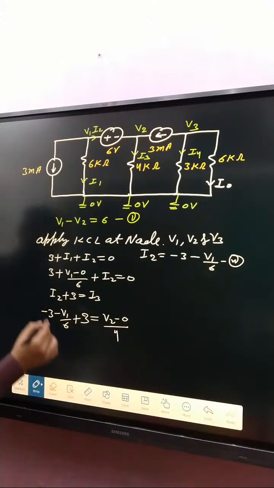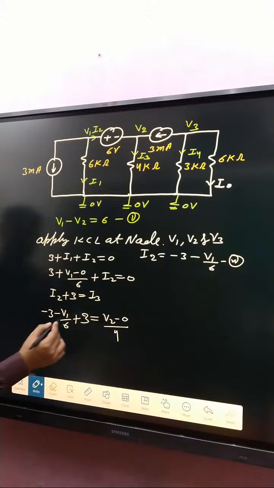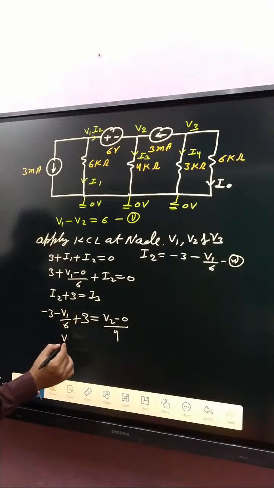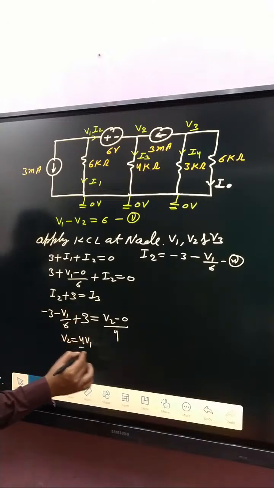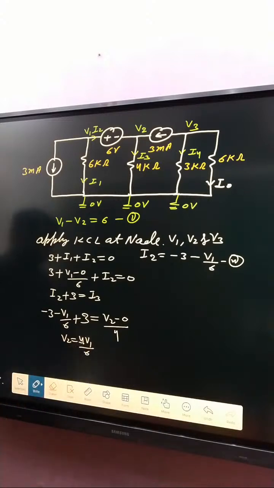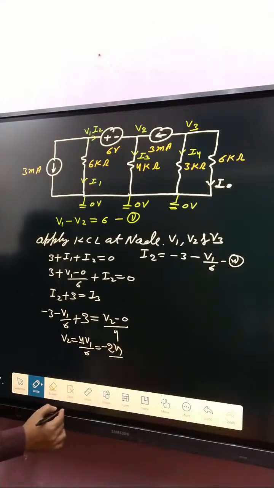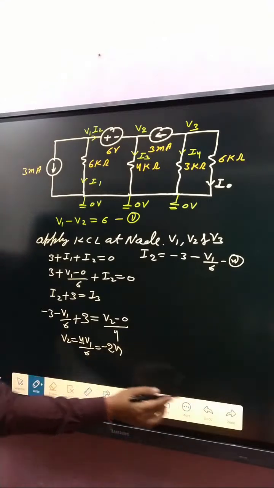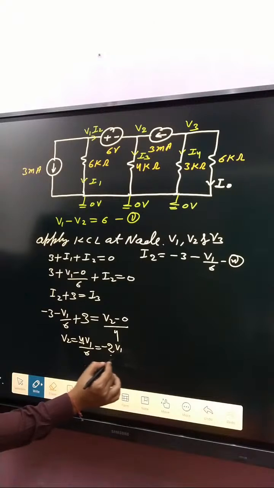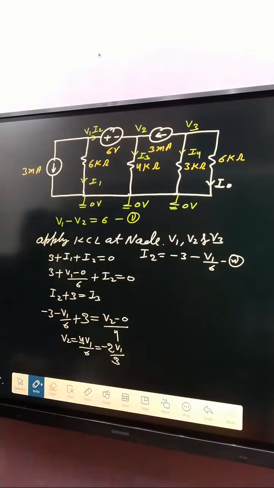And what about the relation between V1 and V2? So V2 is written as minus 4V1 divided by 6. So minus 2V1 divided by 3.